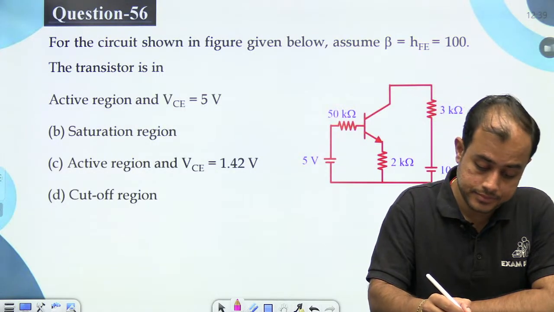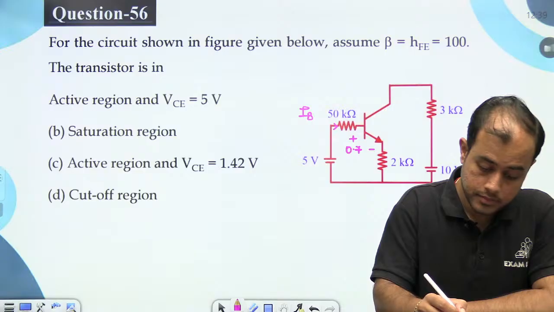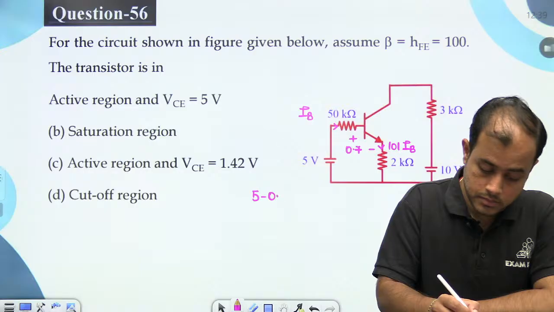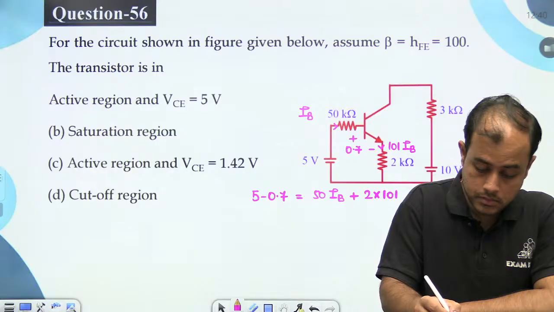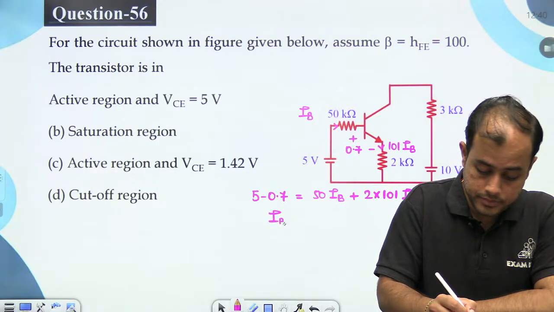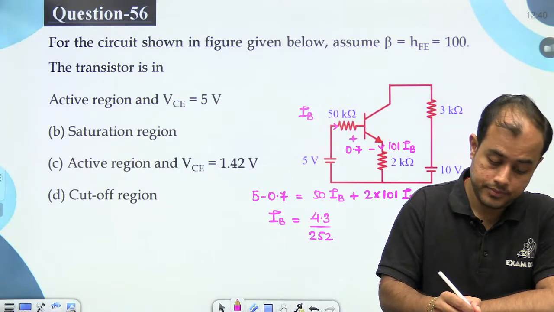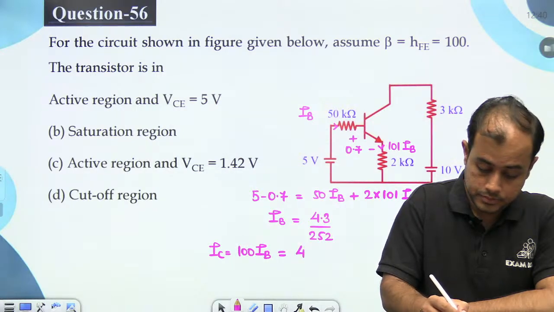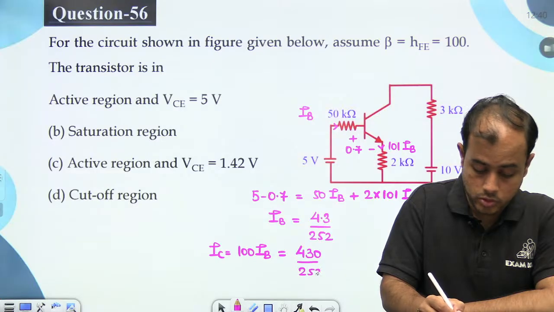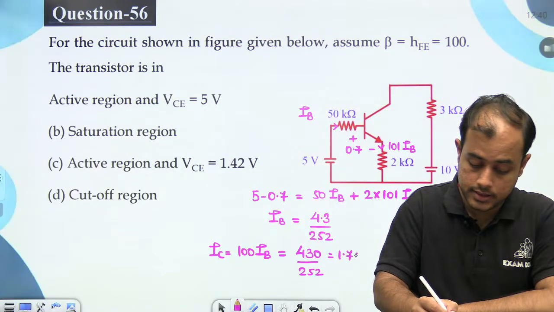चलिए लेट अस सी दिस बेटा. Beta is 100. So IB is this, 430 by 252, 1.706.